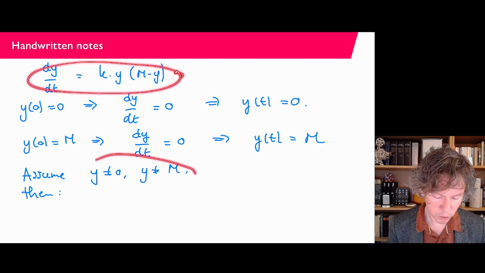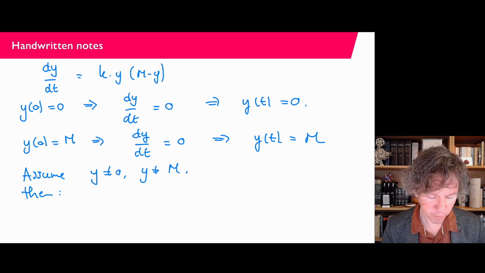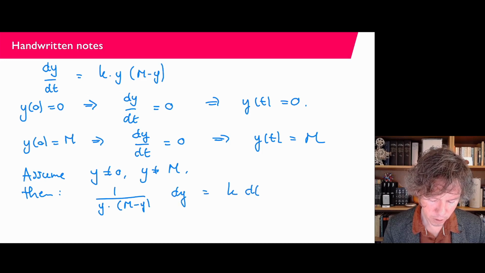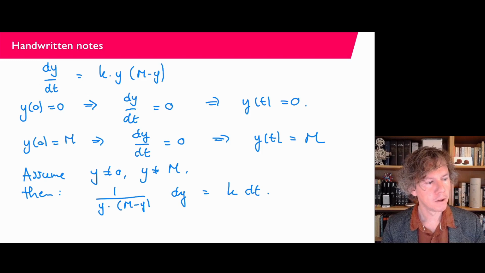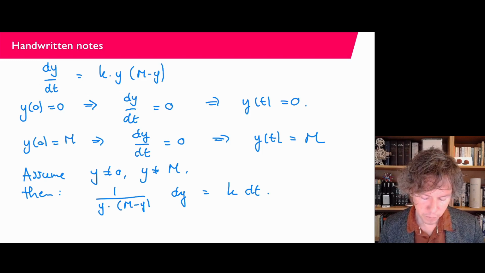And it's okay to do so since I've made this assumption. So there I do not divide by 0. So what I find is that 1 over y times m minus y dy equals k dt. So apparently the differential equation was separable, and I've separated it like this.